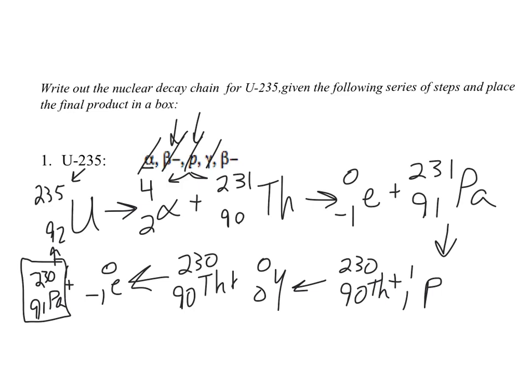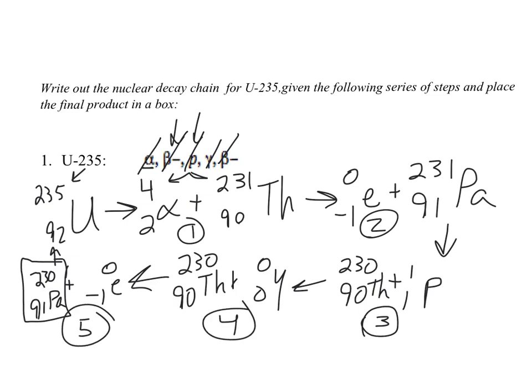So you can see, you just take it step by step. Here was step 1, step 2, step 3, step 4, and last but not least, step 5. They are all decays, so all of your particles will always be products.